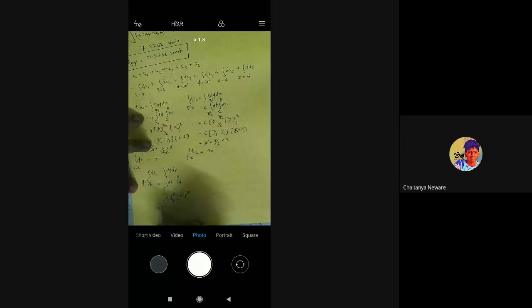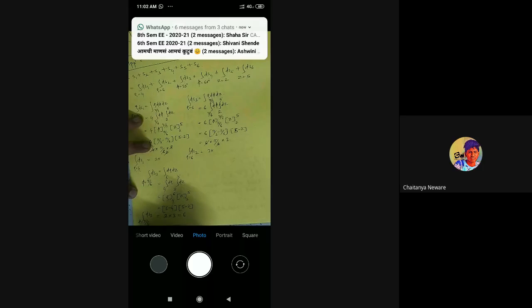So here 6 minus 4 into 5 minus 2, which is 2 into 3, that is 6. So the integration of dS3 at phi equal to pi by 6 is 6.